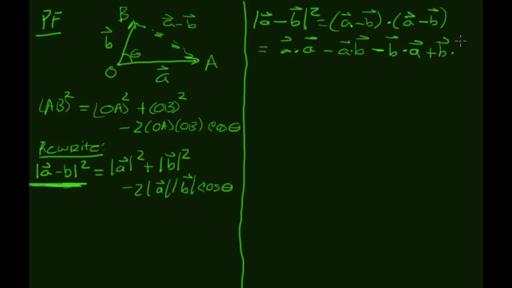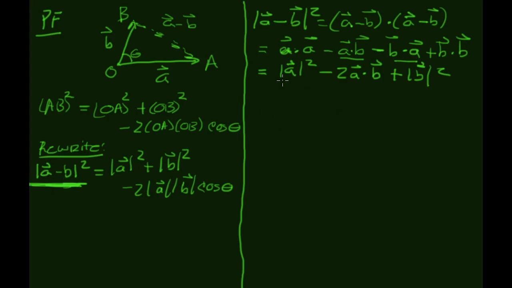That's just binomial multiplication, which holds because we have a distributive property. Again, a vector times itself under the dot product is the same as the magnitude squared. I now have two of the cross terms because the commutative property holds under the dot product. Okay, so what does that mean?